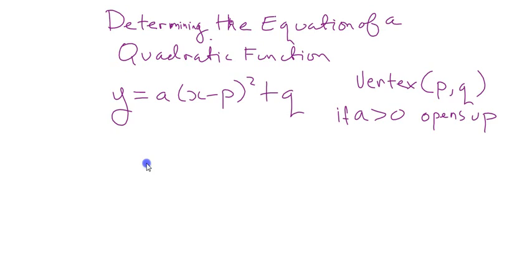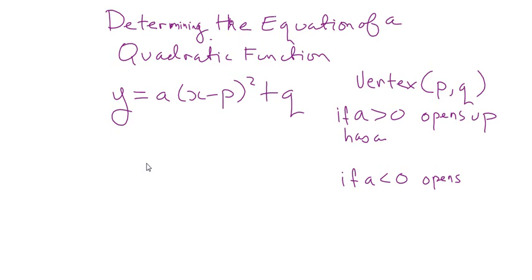So if a is greater than 0, it opens up. Well, we should be able to say some more about this. It opens up and then has a, what? If it opens up, then it has a minimum.